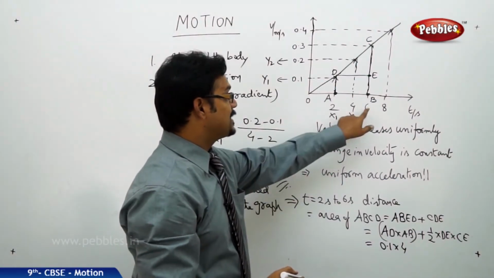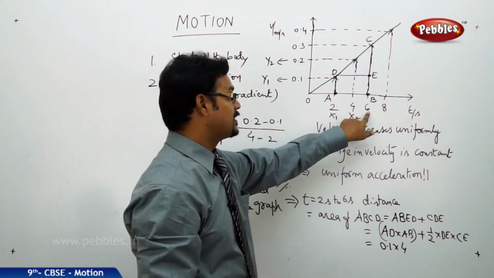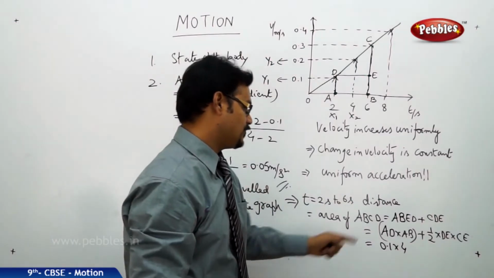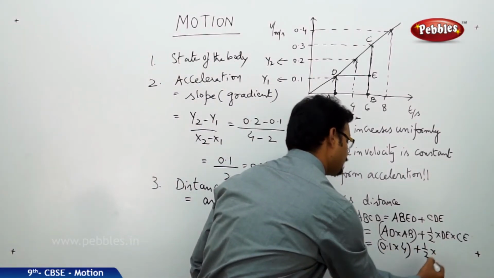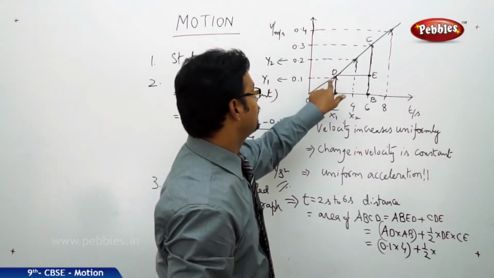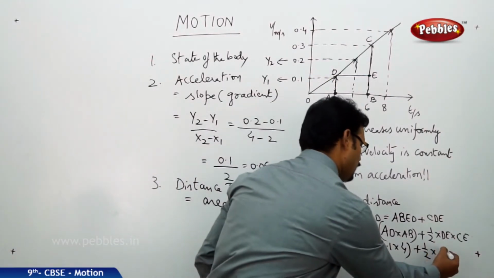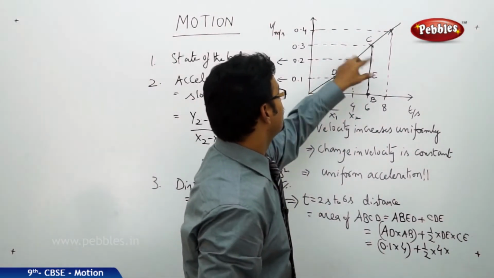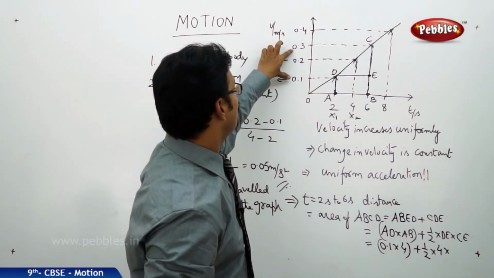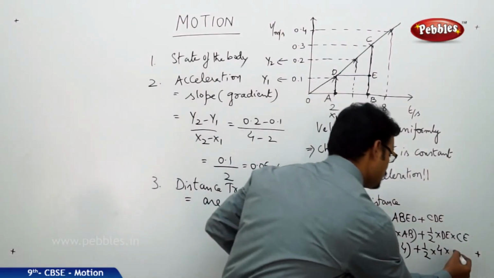Remember, 6 minus 2, don't say 6, AB in a difference you need to take 6 minus 2, 4, okay, plus half into DE, 6 minus 2 again 4, into CE, 0.3 minus 0.1, so this is 0.2.